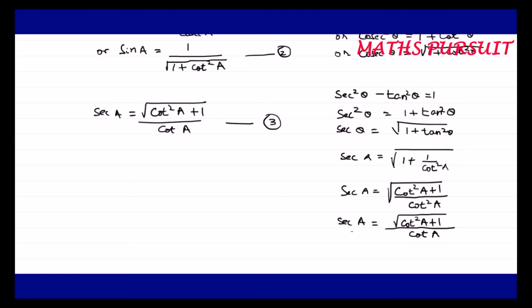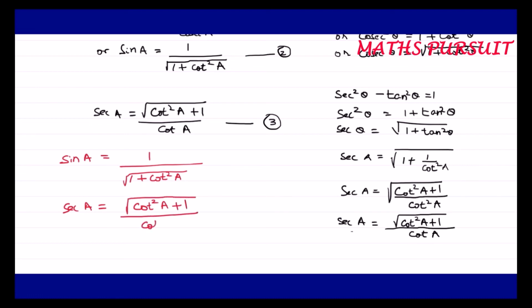First it was given sin A. So what we got, sin A is equal to 1 upon root over of 1 plus cot square A from equation number 1, and we got sec A is equal to root over of cot square A plus 1 upon cot A, and tan A is equal to 1 upon cot A. So these are the three ratios we are able to convert into cot, whatever is being asked in the question.